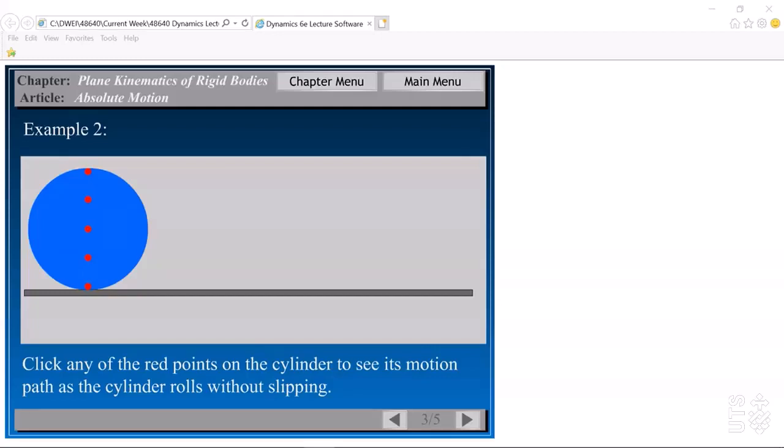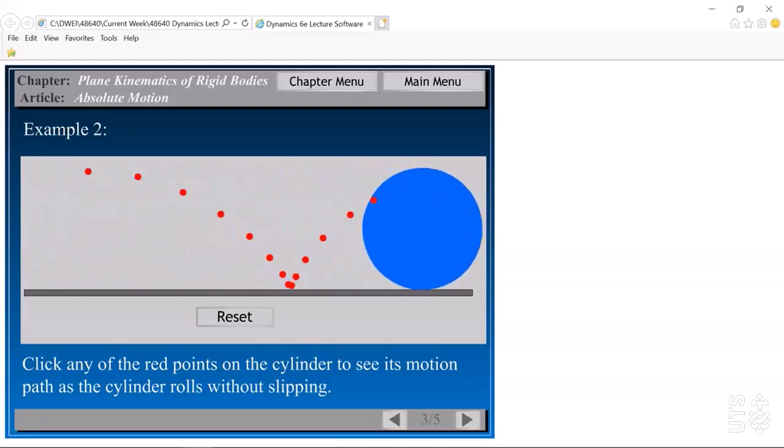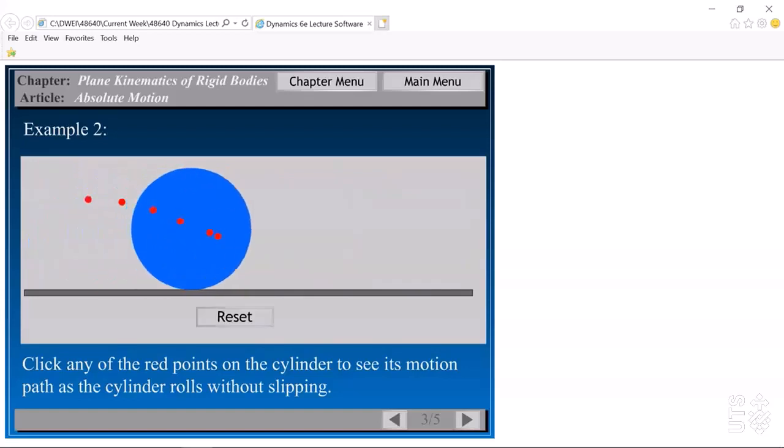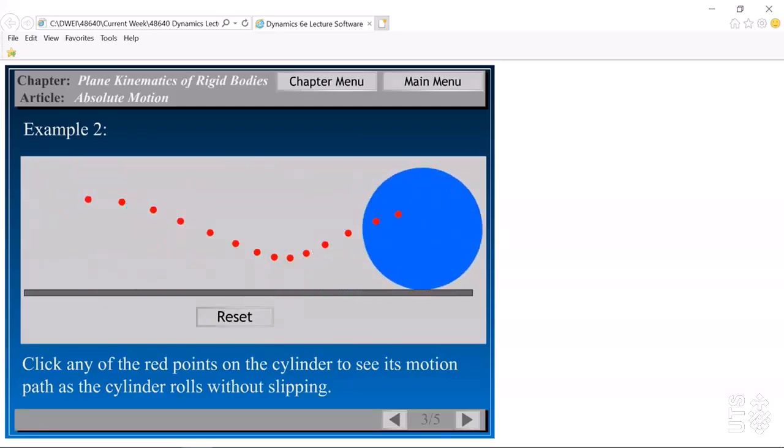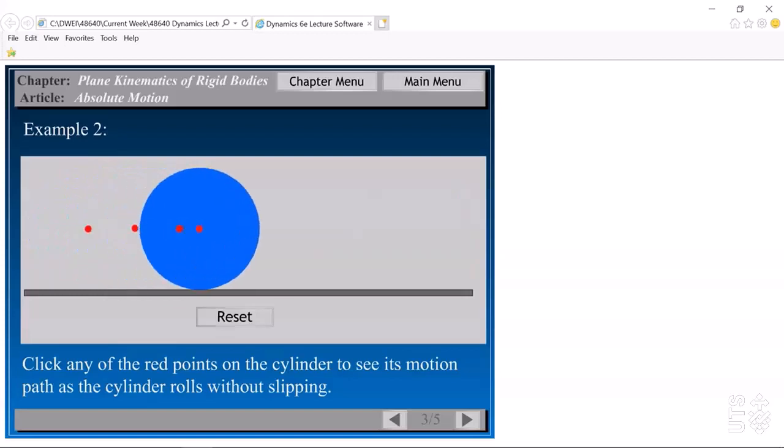Okay, now let's have a look. The moving paths of 5 different points on a rigid body undergoing rolling without slipping. Here 5 points from top to the bottom. The first point, the second point, the middle point.